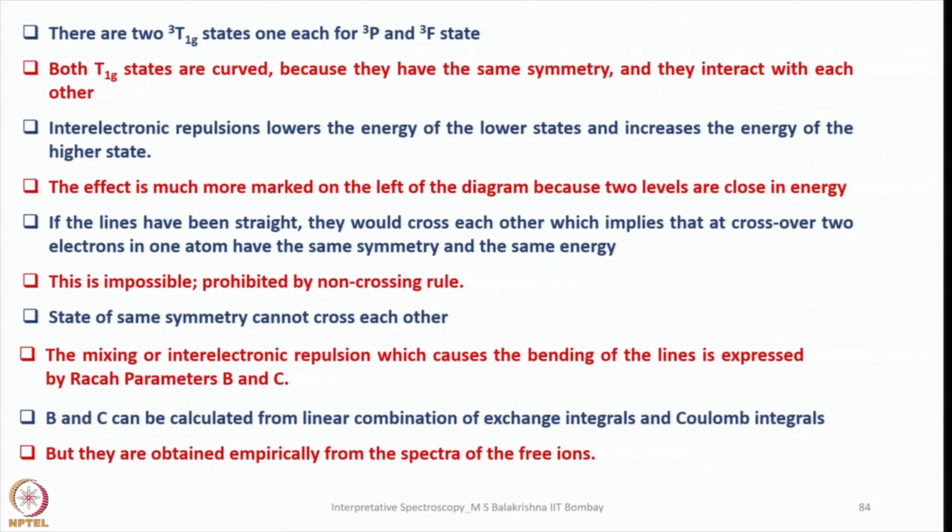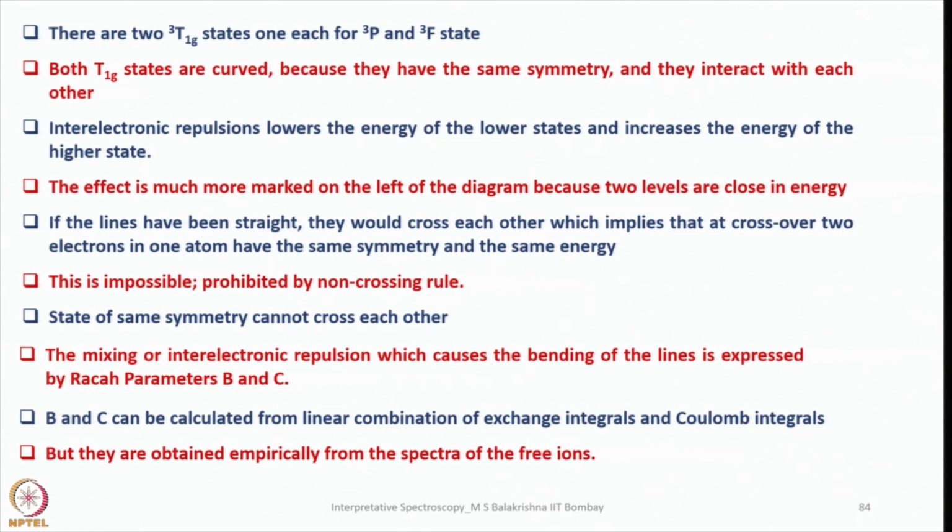The mixing or inter-electronic repulsion which causes the bending of the lines is expressed by Racah parameters B and C. So B and C can be calculated from linear combinations of exchange integrals and Coulomb integrals, but they are obtained empirically from the spectra of the free ions. That means when you predict from theoretical values, they are different from the observed or experimental values.